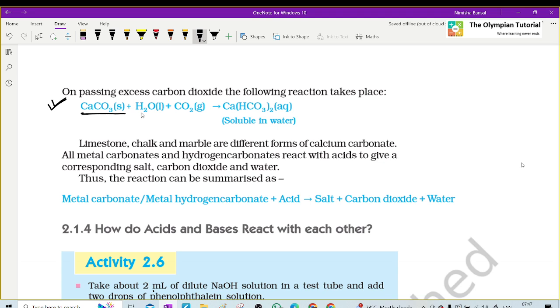this is calcium carbonate plus water, liquid, plus carbon dioxide. The following reaction takes place. This one is soluble in water. That's why the milky color disappears.